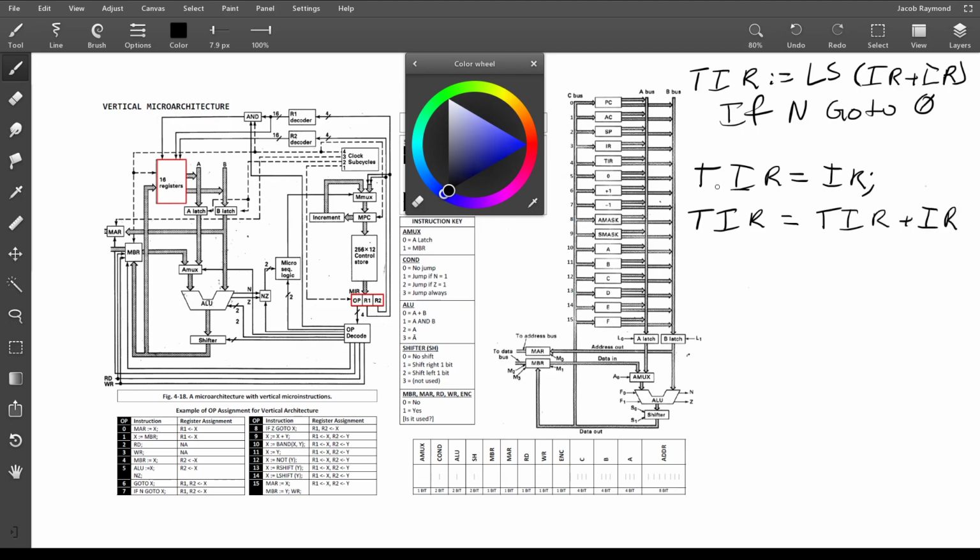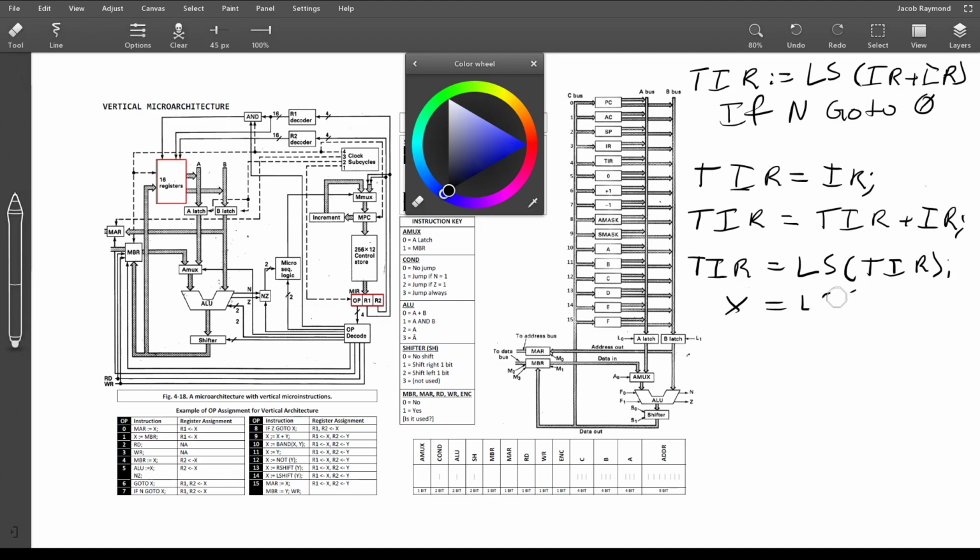So this first instruction corresponds to op number 11. We have X equals Y. Those are two different registers. That's fine. Over here, now we have X equals X plus Y. That's another instruction, so that's good. Then we have to do a left shift. So then we could do TIR equals left shift TIR. And although this instruction is listed as X equals left shift Y, X and Y can still be the same thing.